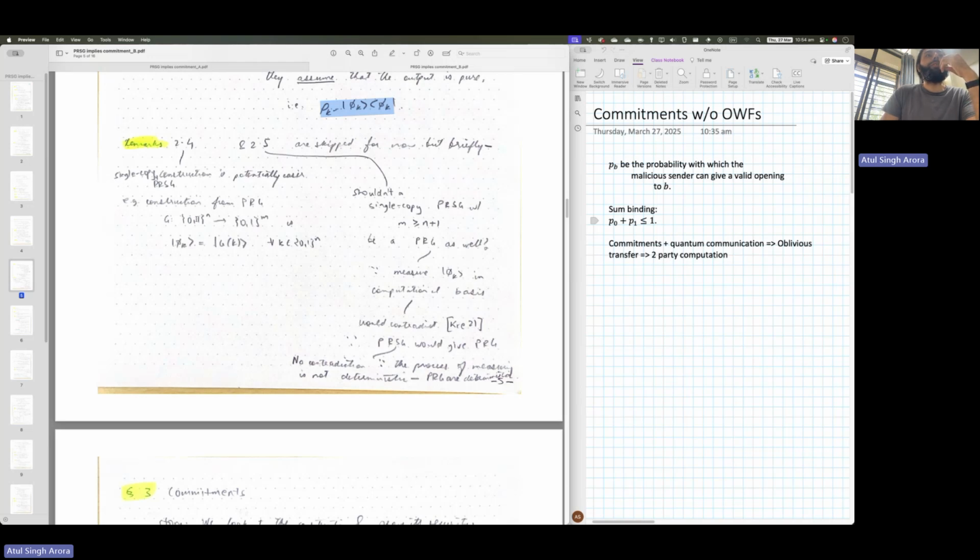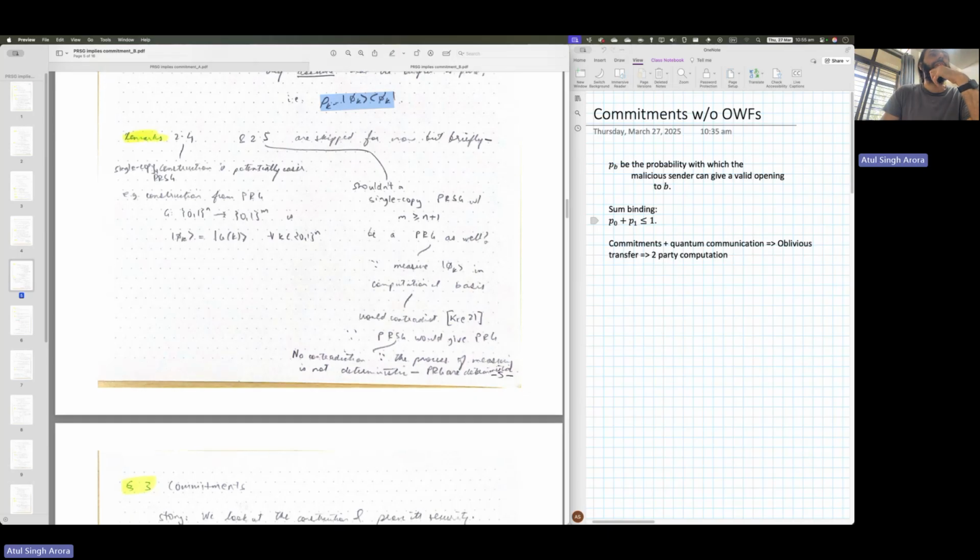If you have a PRG which stretches an n-bit input to an m-bit output, you basically just output the output of the PRG itself for all k, and the claim is that this will already give you a pseudorandom state, at least as far as one copy is concerned.